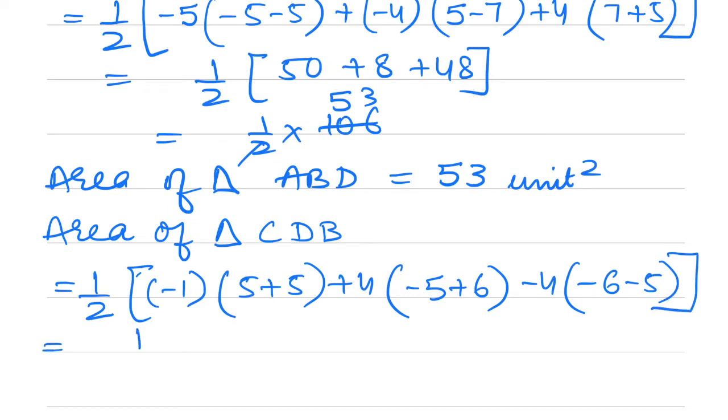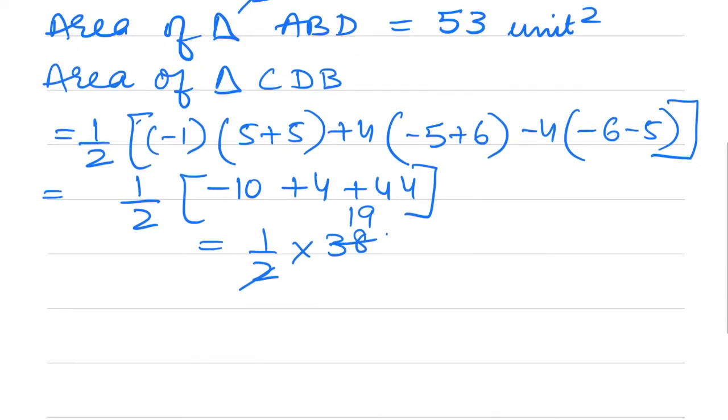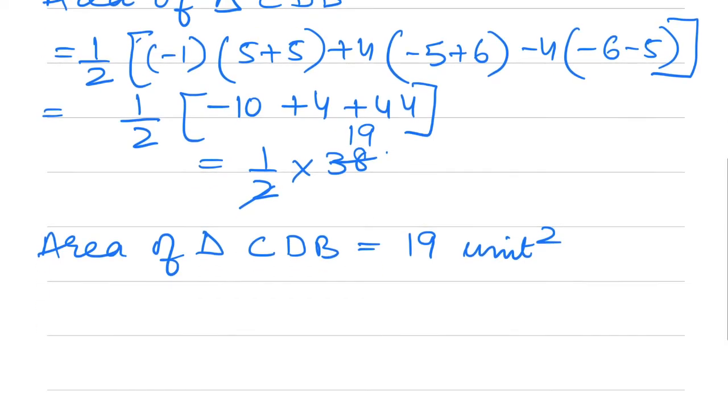This is equal to half, and this is minus 10 into 1 times 4, so plus 4, and minus 11 into minus 4 will give me plus 44, equal to half into 38, so this is 19. So I can say area of triangle CDB is equal to 19 unit square.